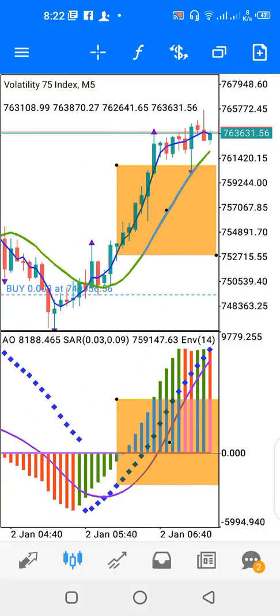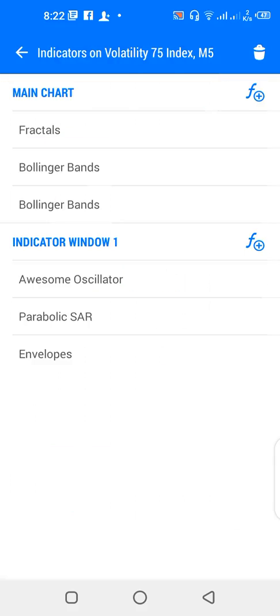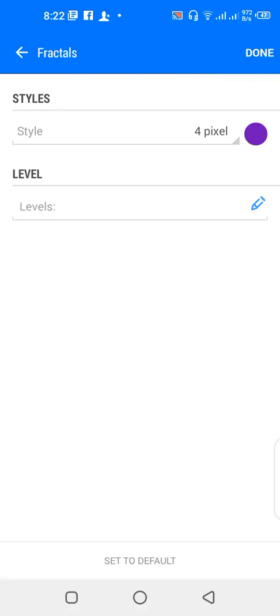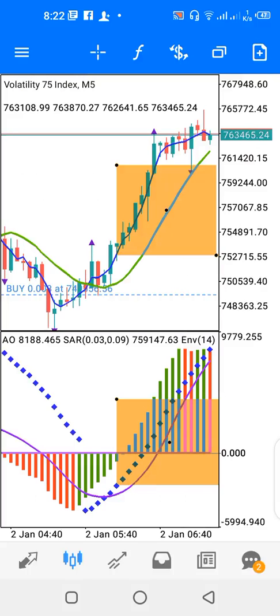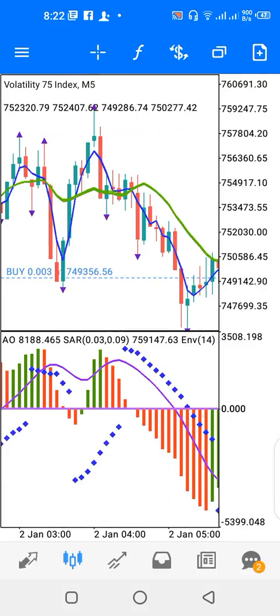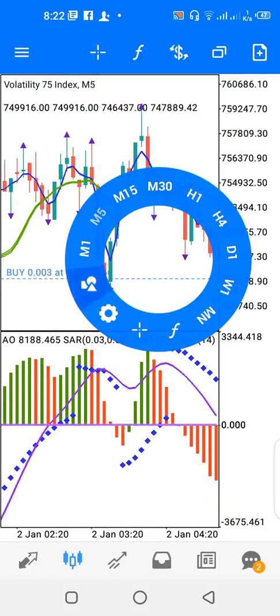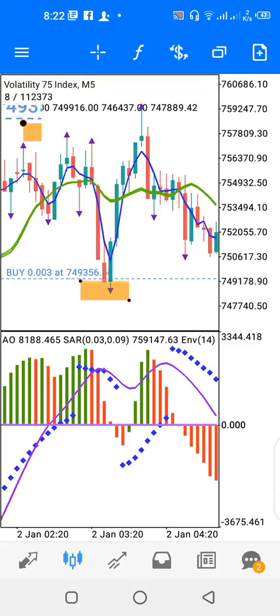If we look at the indicators for the main window, we have fractals. Basically, fractals help in identifying points of resistance and support. You can see where the fractal arrow points downward, that signifies price being rejected at the support.